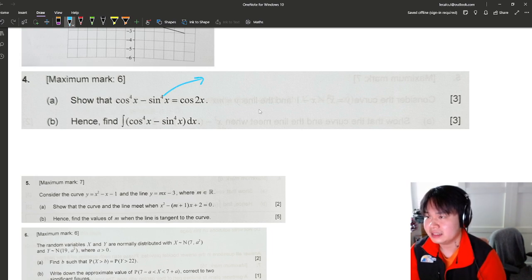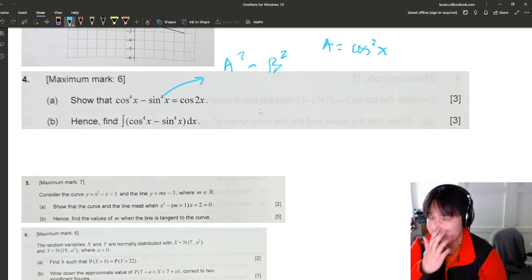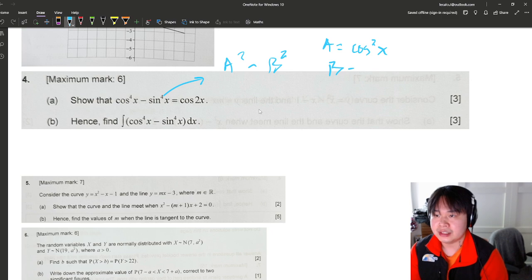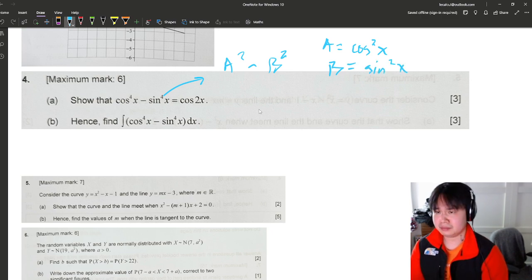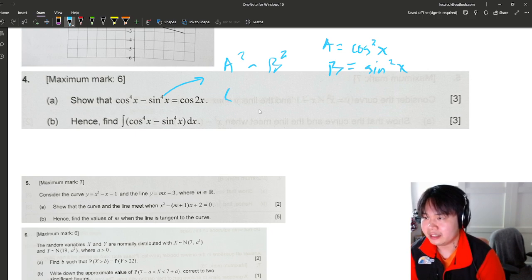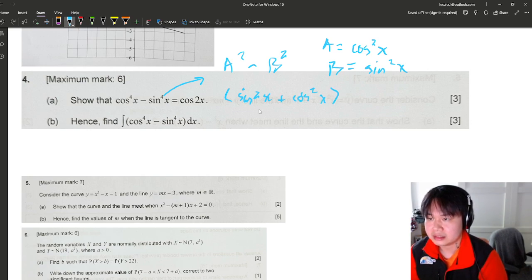So this is essentially a squared minus b squared, where a is cosine squared x. That's why when we square the square, it becomes a 4. And then b is your sine squared x. So this is gonna factor into sine squared x plus cosine squared x, right, this is a plus b, a minus b.